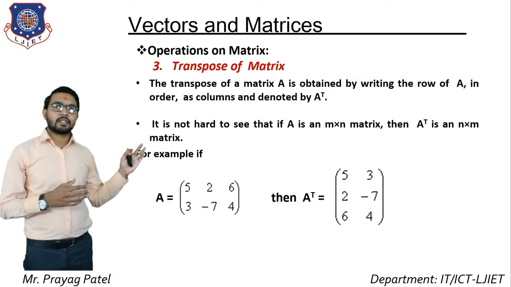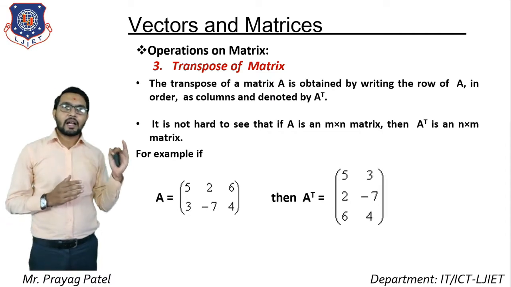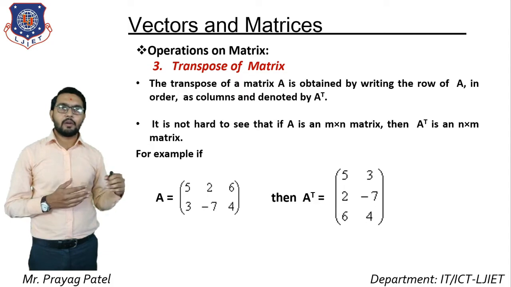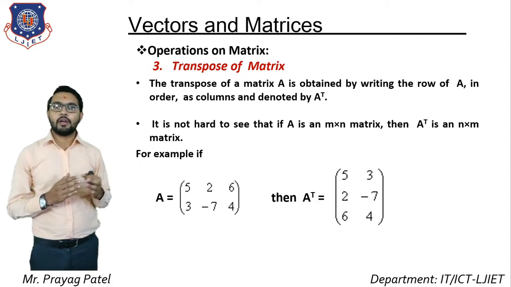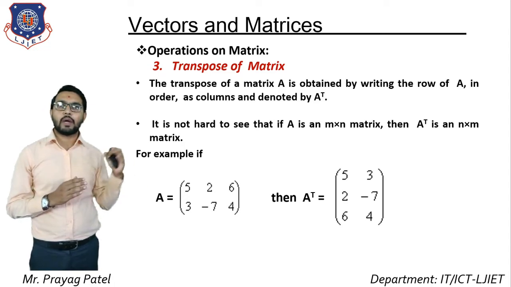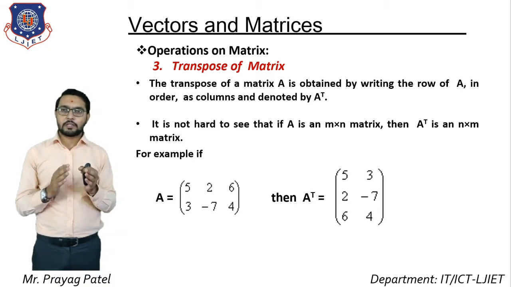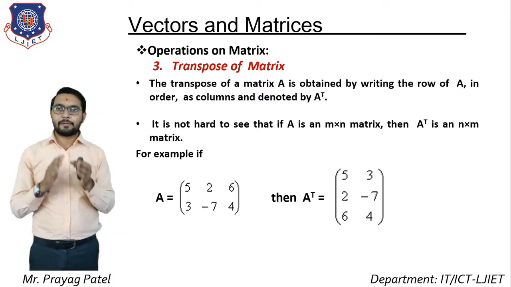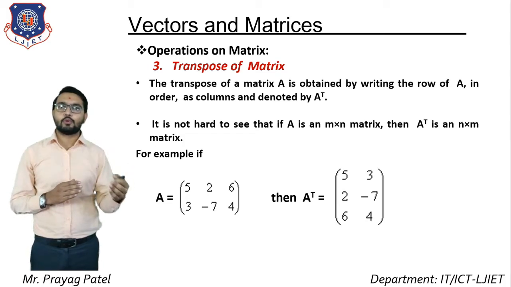Now consider the next operation on a matrix, the transpose of a matrix. The transpose of matrix A is obtained by writing the rows of A in order as columns, and is denoted by A^T. So the transpose of a matrix means transferring the first row to the first column and the second row to the second column, that is, from rows to columns.